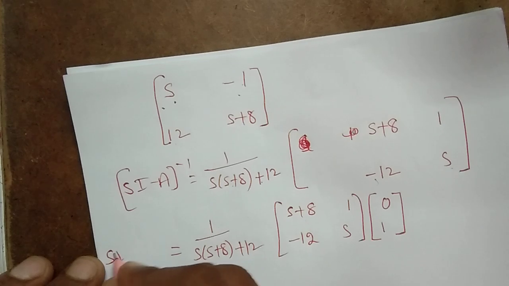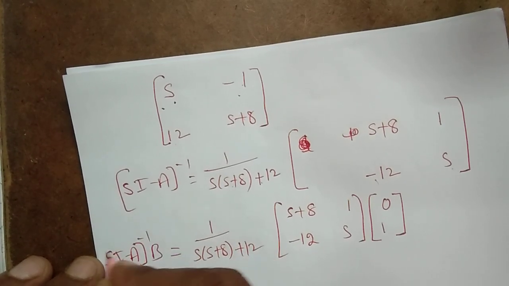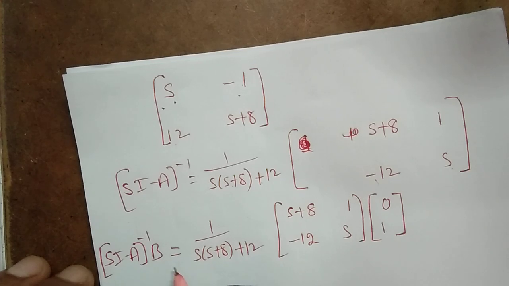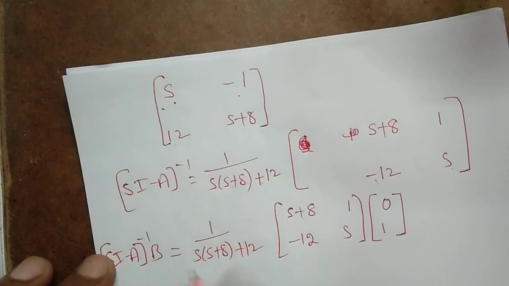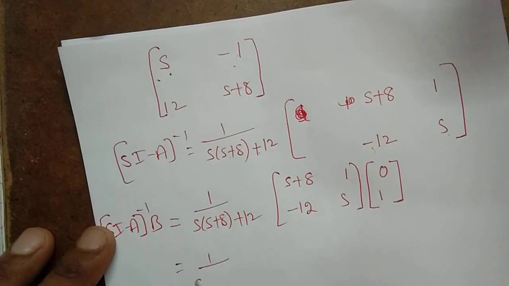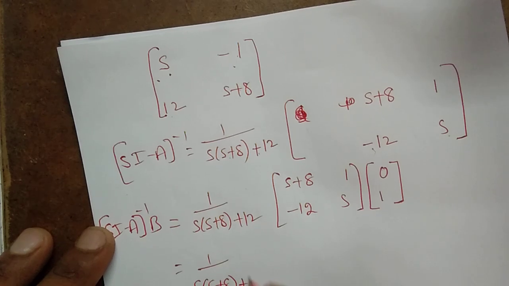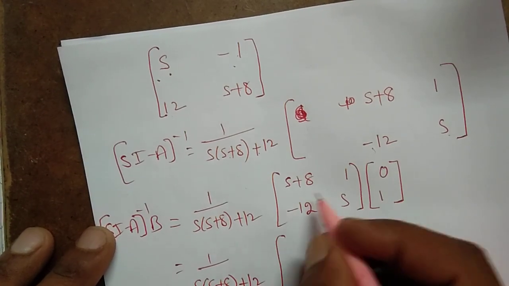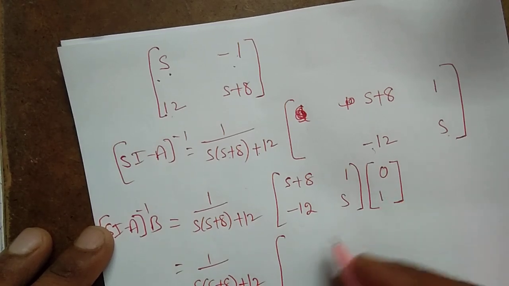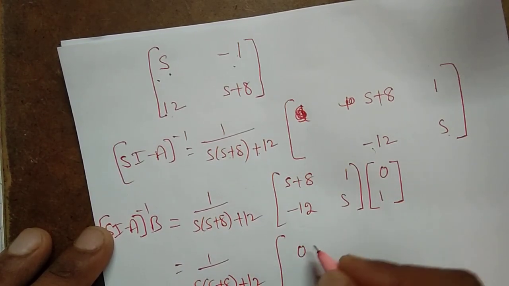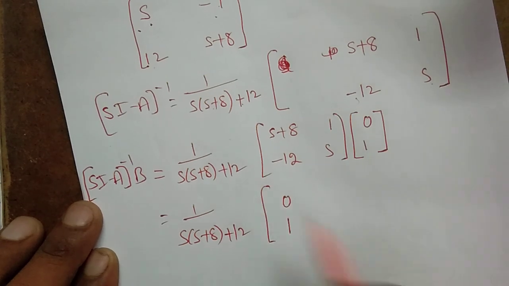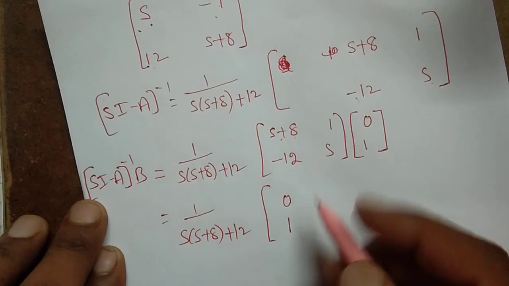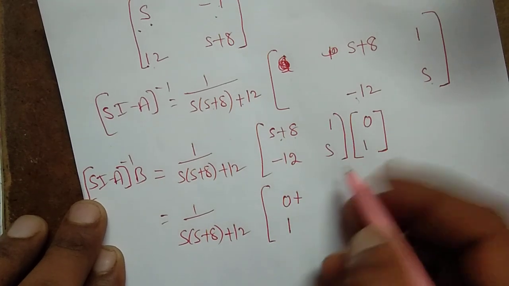S plus 8 into 0 is 0, plus 1 into 1 is 1.